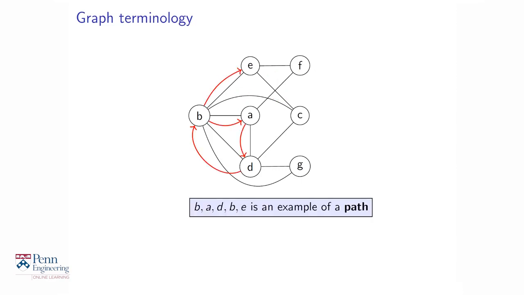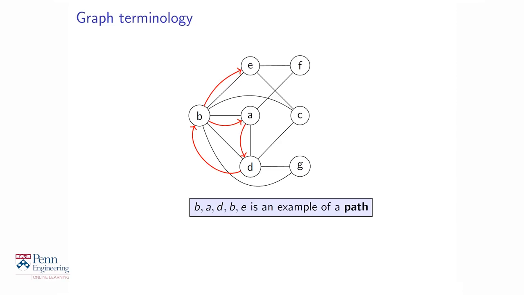Now the next concept is the notion of a path in a graph. If you look at this graph again, note the red things are drawn with directions, but those are just to show you what we're talking about. There are no directions in this graph. So the sequence of vertices B, A, D, B, E is a path.